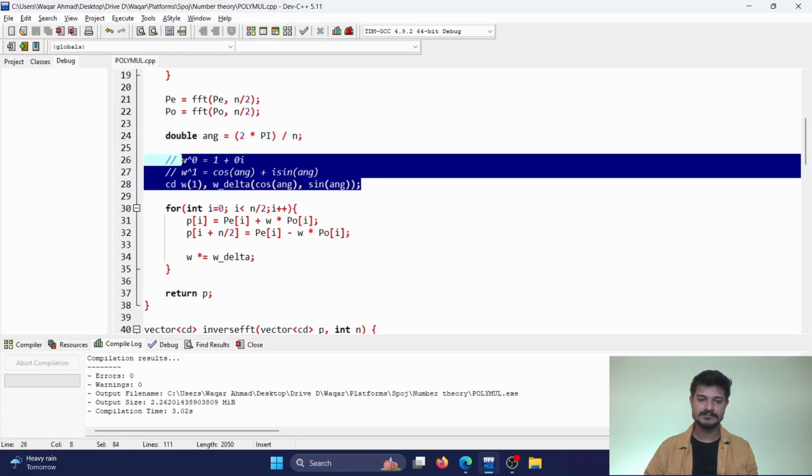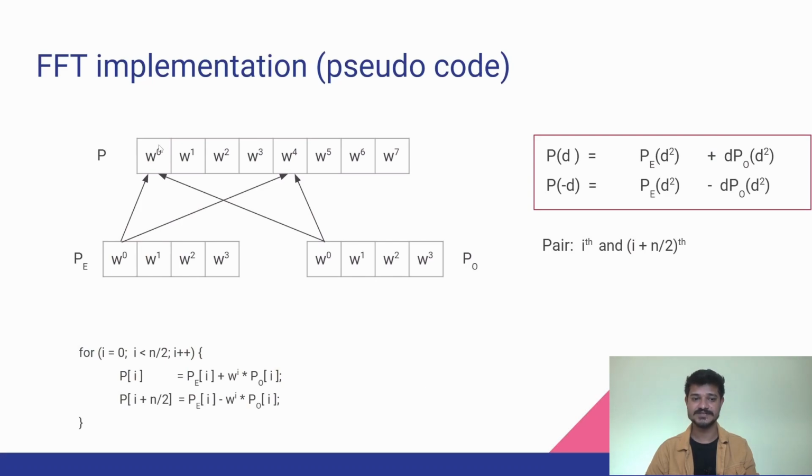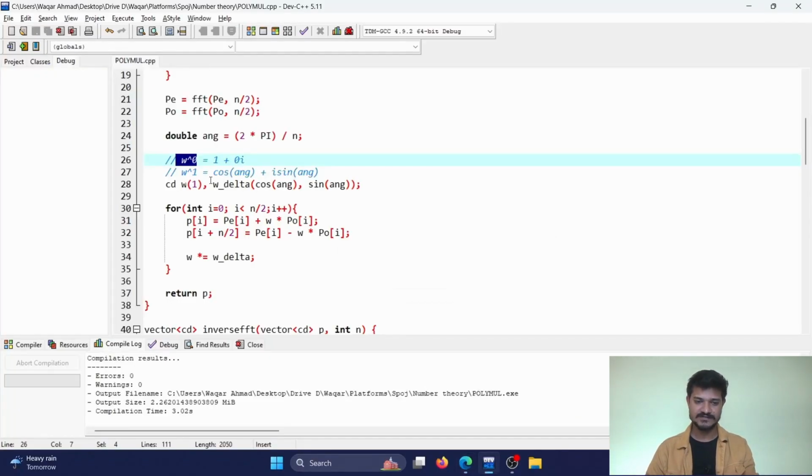And now we will calculate w raised to power 0, right? The very first root of unity is w raised to power 0. The second one is w raised to power 1, w raised to power 2, so on and so forth. So I've defined w raised to power 0, which is the very first root of unity, because we are going to evaluate on roots of unity.